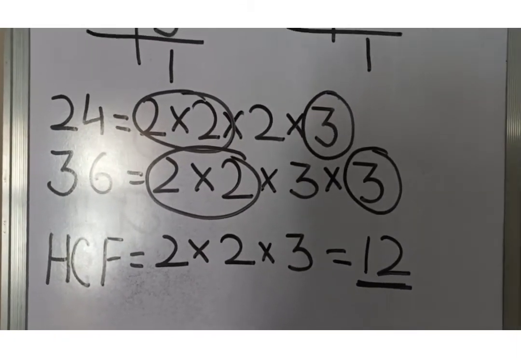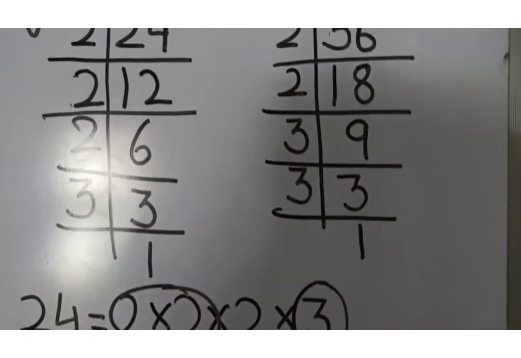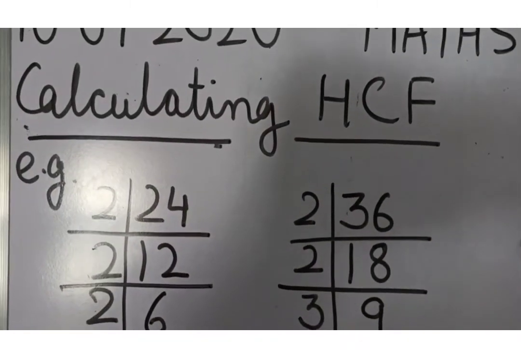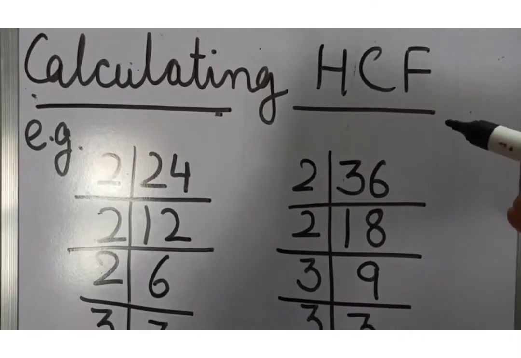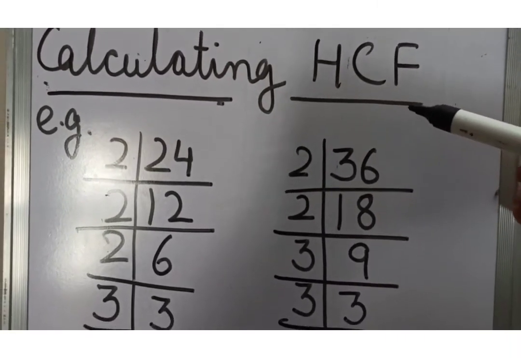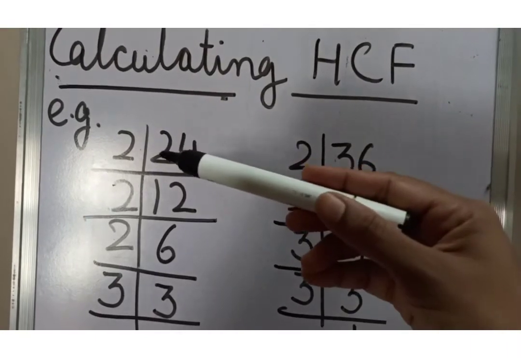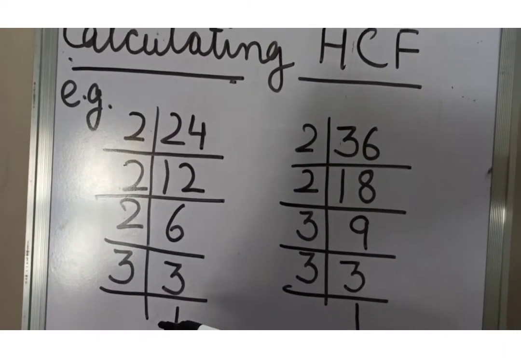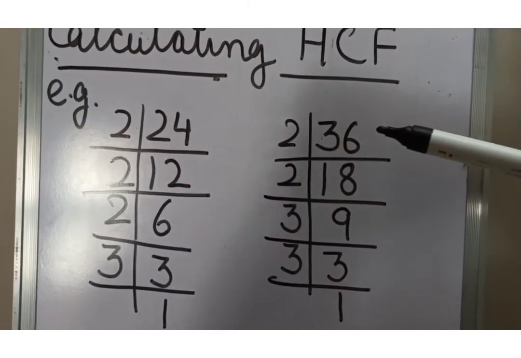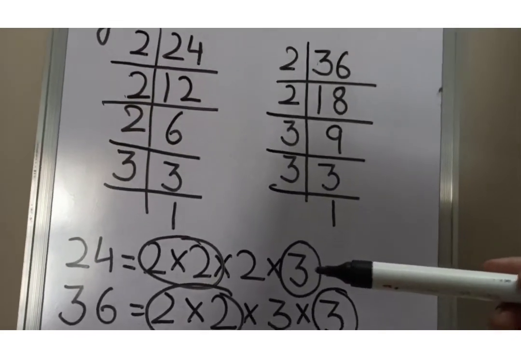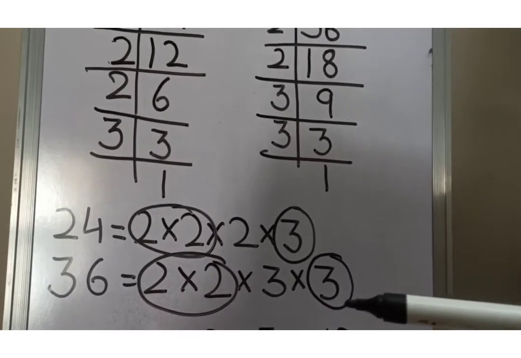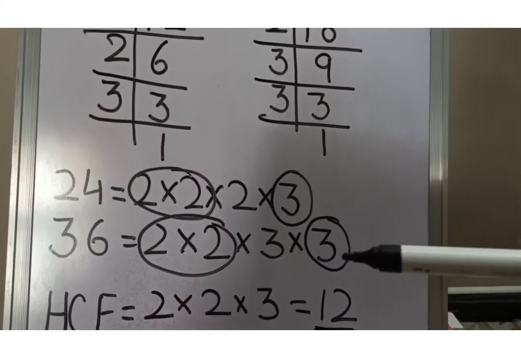So let's see the explanation once again. The explanation was about calculating HCF. When you are calculating HCF, we use the prime factorization method to find the prime factors for number 24 first and then for number 36. After that, we write them in a sequence and then find which are common.